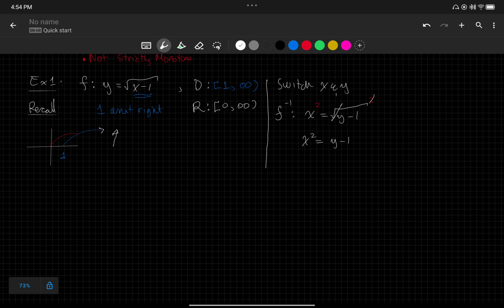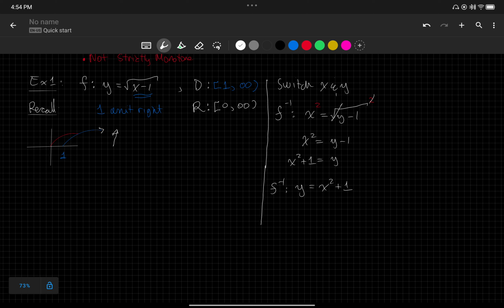And then if you add 1 to both sides, you're going to get that y is x squared plus 1. Okay, now I don't like when it's written backwards, so let me just fix that really quick. y equals x squared plus 1.